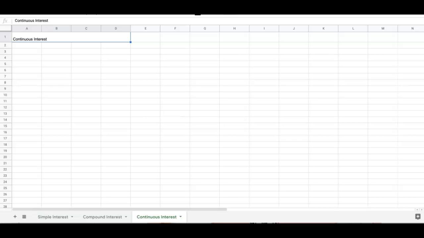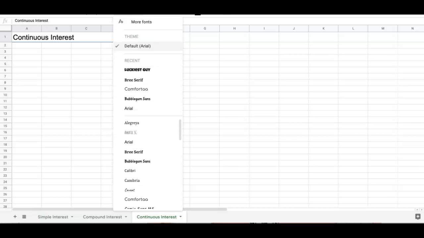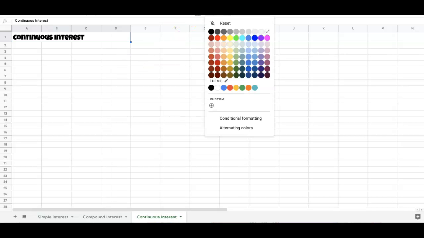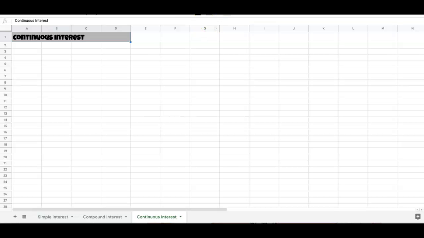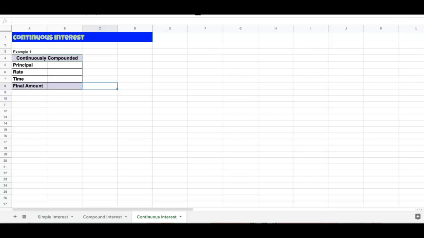I'm going to merge, make the font bigger, change the color, and we'll put example 1 here. So go ahead and type this little table in to rows 4 through 8, continuously compounded with principal, rate, time, final amount, and then make your borders. Pause the video until you're done.